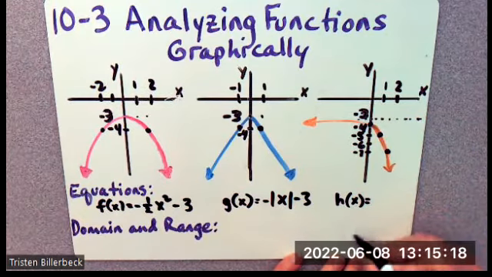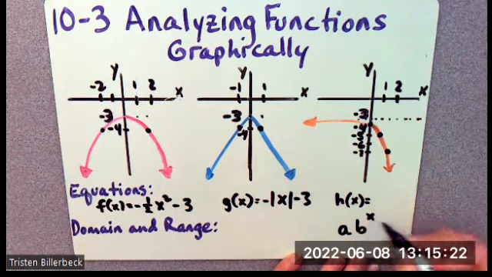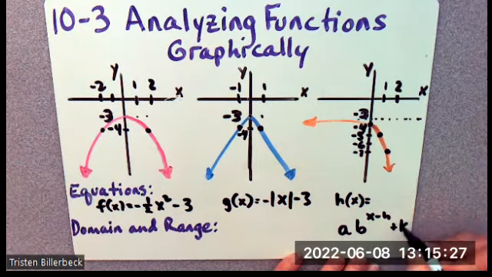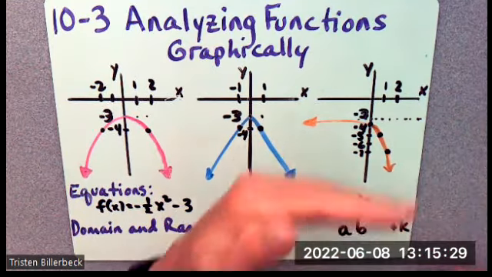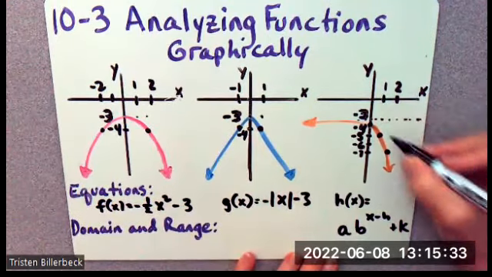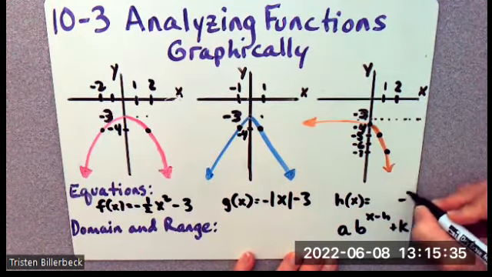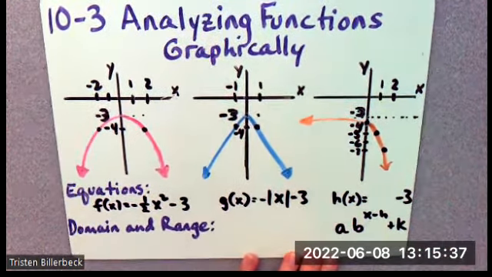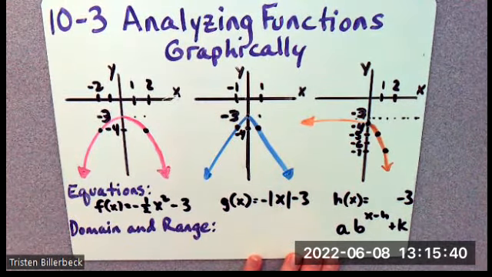So if we look at an exponential, we have a b to the x minus h, plus k. We see that normally this is your k. So we have at -3 an asymptote.